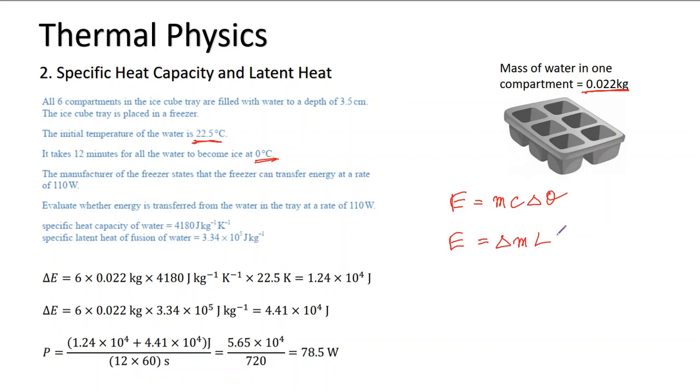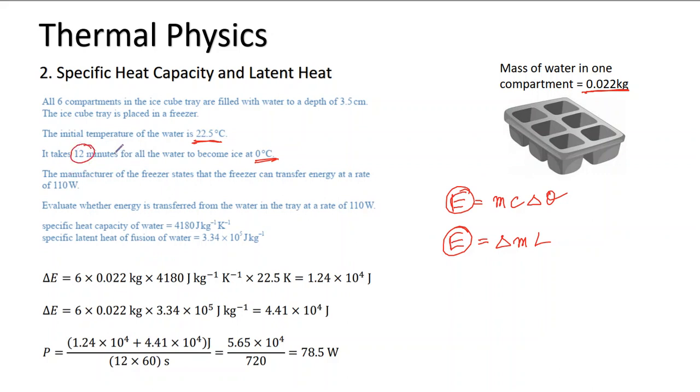So the total energy that the freezer supplies is this energy plus this energy, and we all know power equals energy by time. So these are the 2 energies divided by time, which was given in the question. Time was 12 minutes.